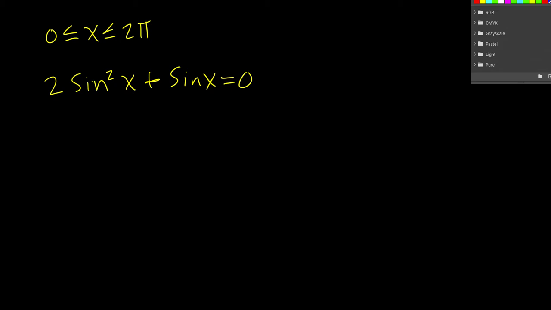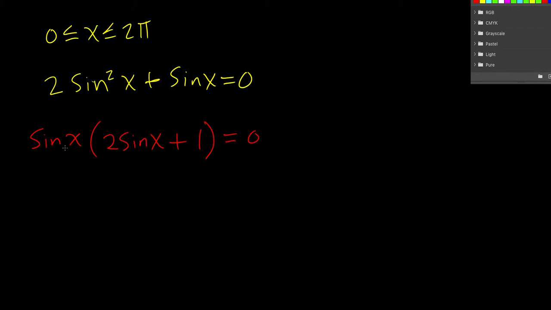Okay, so the first thing we have to notice, they're throwing a lot of stuff at us today. We want to factor out a sine x, and that leaves us with 2 sine x plus 1 is equal to 0.